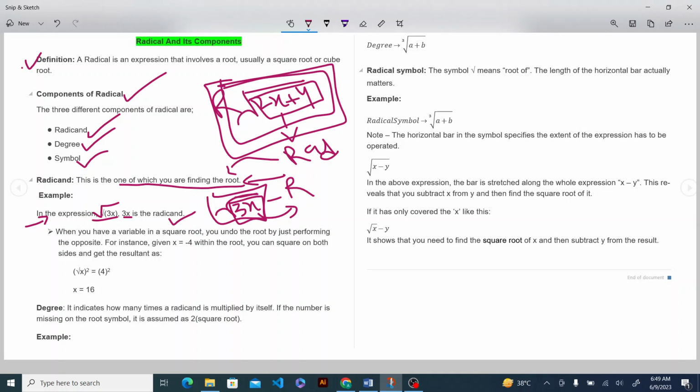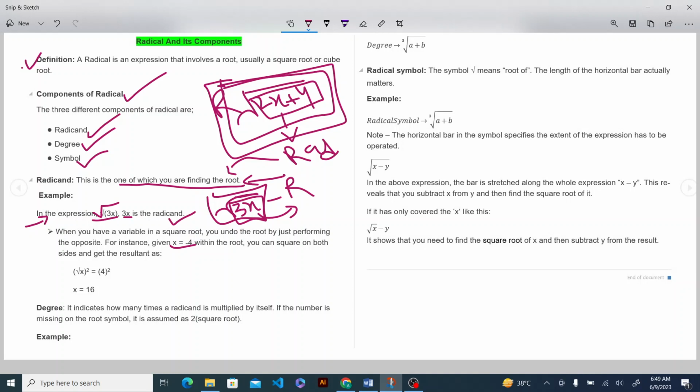Okay, now there is an important point. When you have a variable in a square root, you undo the root by just performing the opposite. For instance, given square root of x is equal to minus 4. Now, if we have a variable in a square root, how are we going to find the value of that variable without the root?